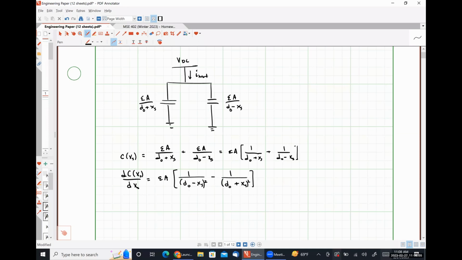That was my question: our drive mode dC/dX capacitance is different. Yeah, because we're not dealing with the transverse comb drive. Everything else is the same. I did want to go down a rabbit hole, but let me just double check. So for the drive mode, it's effectively the exact same thing as we did with the example problem.